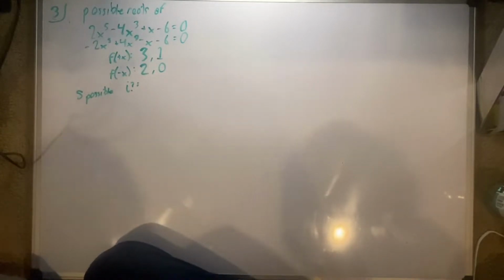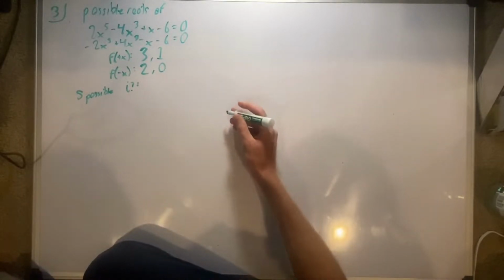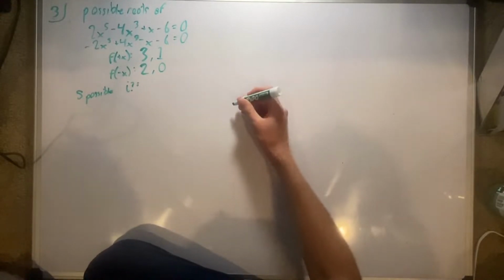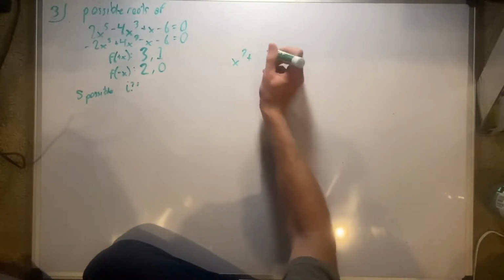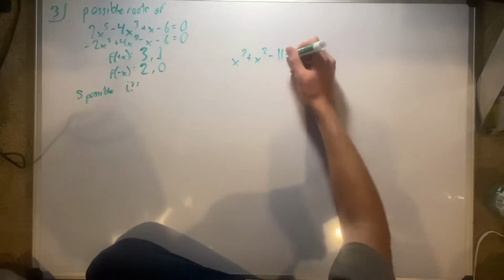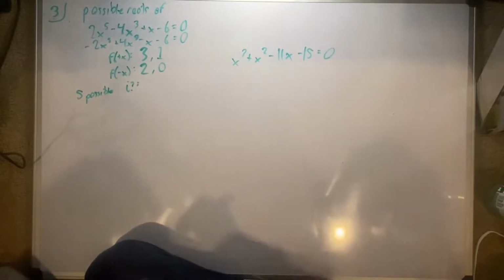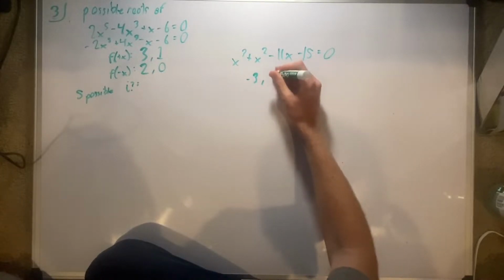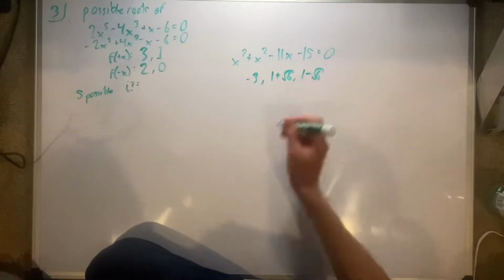Now, why is that? Because we'll go down by pairs of 2. Let's think of our last problem. Our last problem had this: x cubed plus x squared minus 11x minus 15 is equal to 0. Now, we knew that our roots were negative 3, 1 plus rad 6, and 1 minus rad 6.